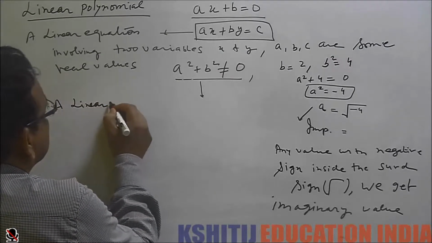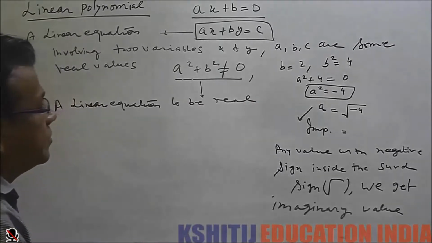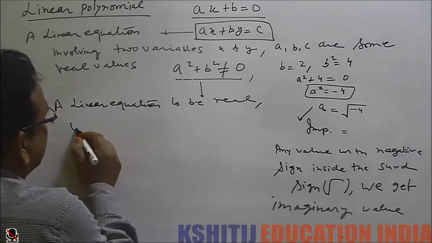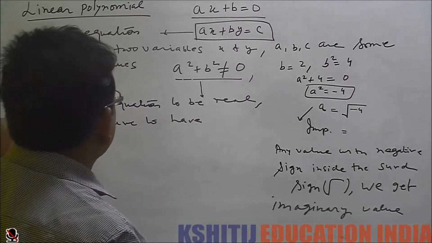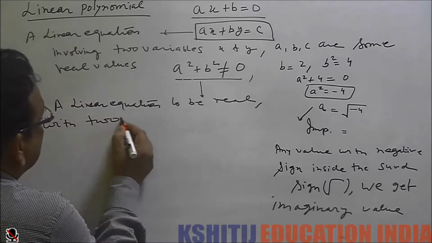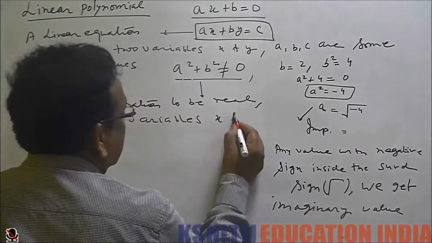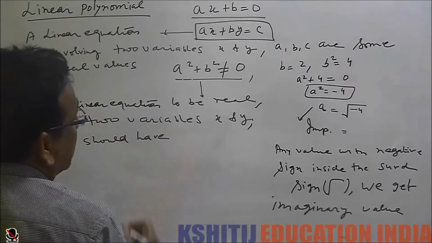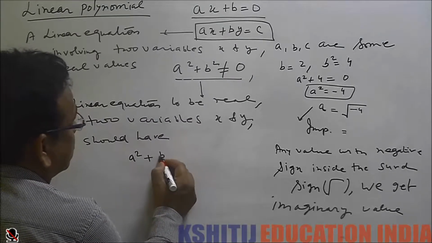So just to put it, for a linear equation to be real with two variables, x and y, we should have the sum of the squares of their coefficients not equal to 0.